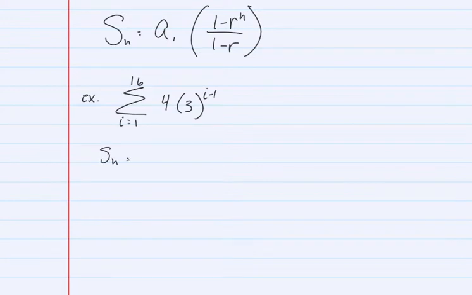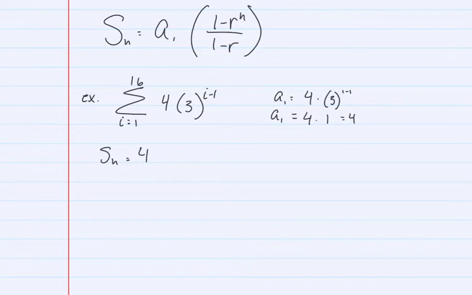S sub n equals a sub 1, so I need to find a sub 1. That's going to be 4 times 3 to the 1 minus 1, which is equal to 4 times 3 to the 0, which is 1, which is equal to 4. So a sub 1 equals 4.